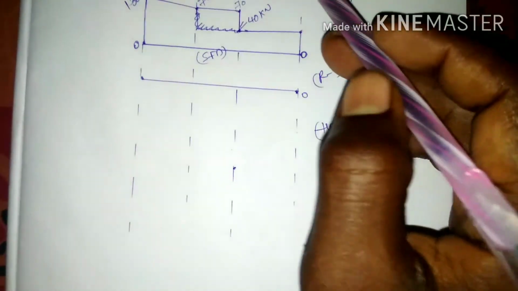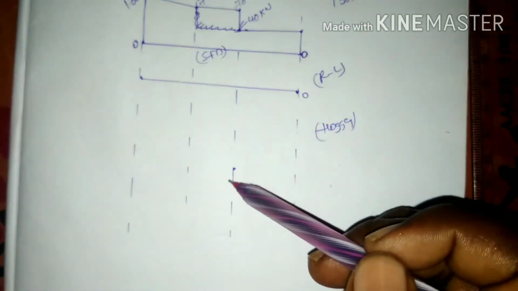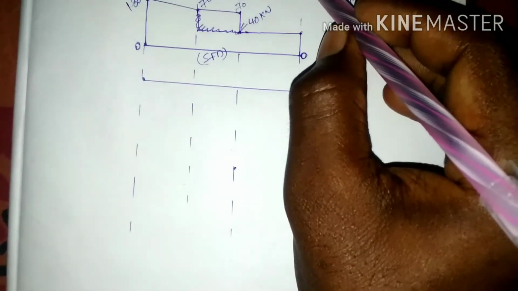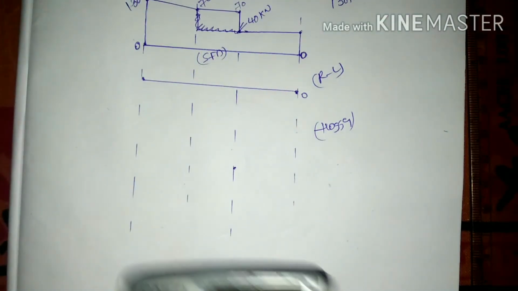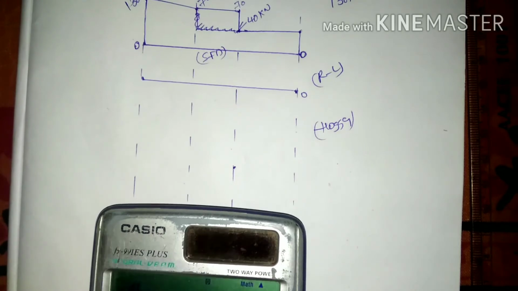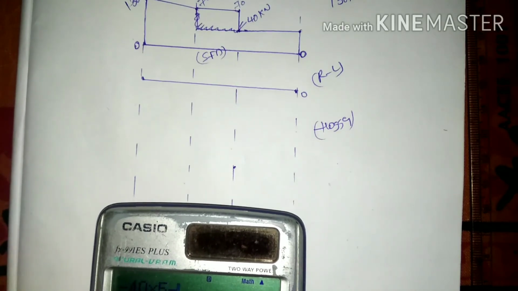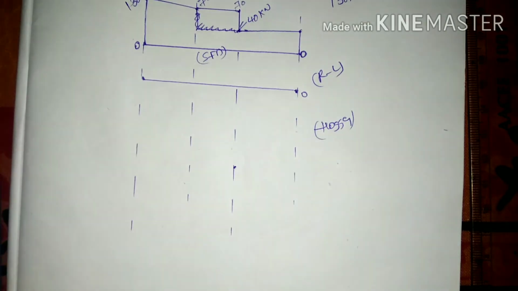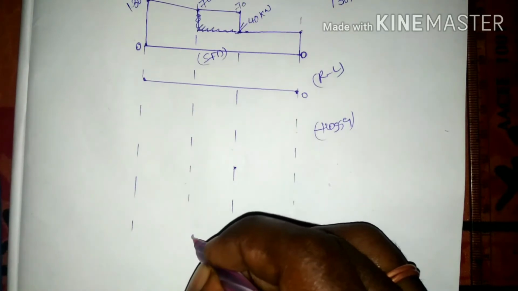And next, the moment about D: we are going to have minus 40 into 5 and minus 30 into 2, that is minus 260.